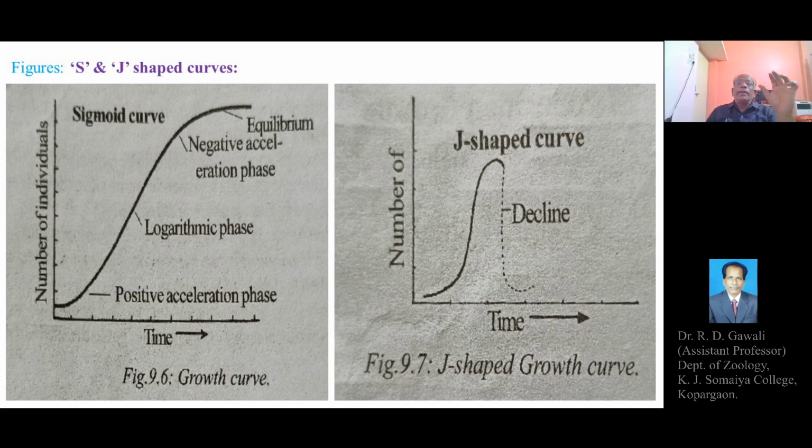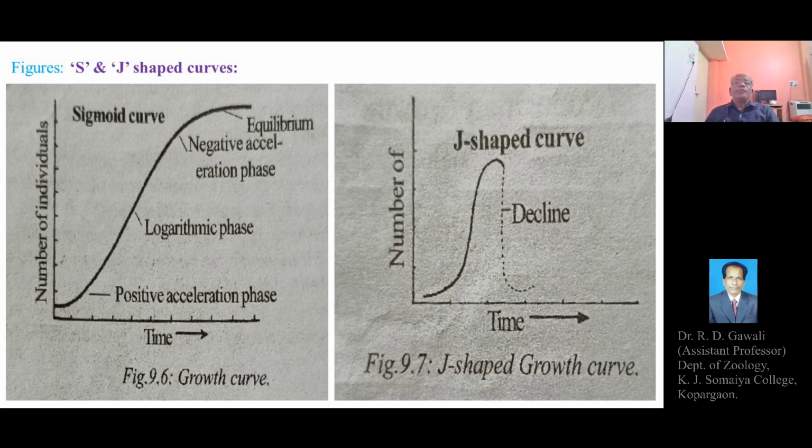This might be due to a definite capacity of the environment for providing the essential materials to the population. So we can say this is either due to the environmental resistance or the restriction of the carrying capacity of the environment. In this third phase of the growth curve, there is a slow increase in the number of individuals, called the negative acceleration phase.